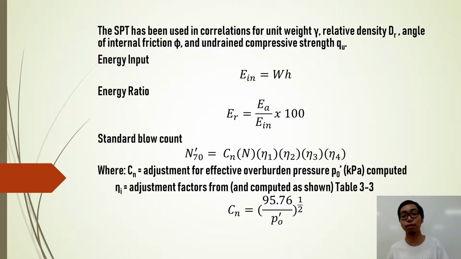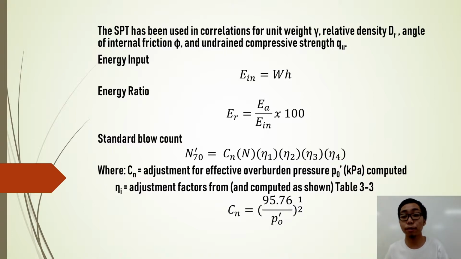N70 is equal to Cn times eta 1, 2, 3, and 4, where Cn is the adjustment for effective overburden pressure, and eta i are adjustment factors computed as shown in table 3-3.